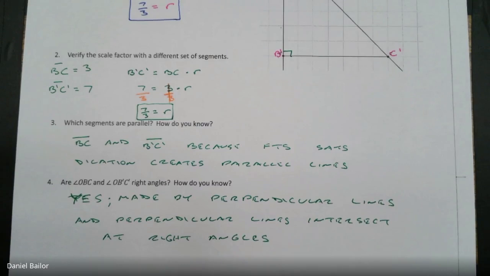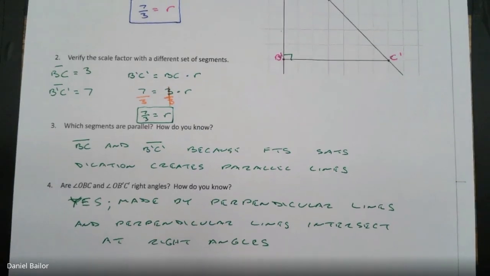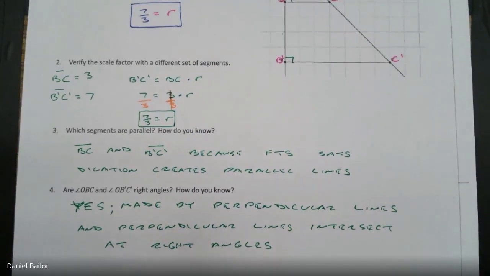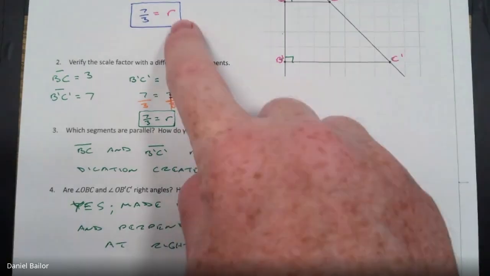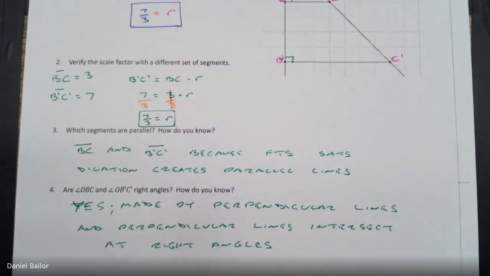So that is the exit ticket. Hopefully you know how to find the scale factor. That was the big lesson today. Can you find the scale factor from a diagram? Also, the other big idea today was FTS, the fundamental theorem of similarity. So you need to be able to find a scale factor, and you need the fundamental theorem of similarity.